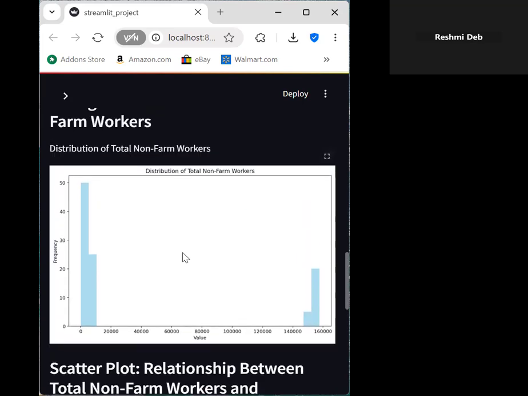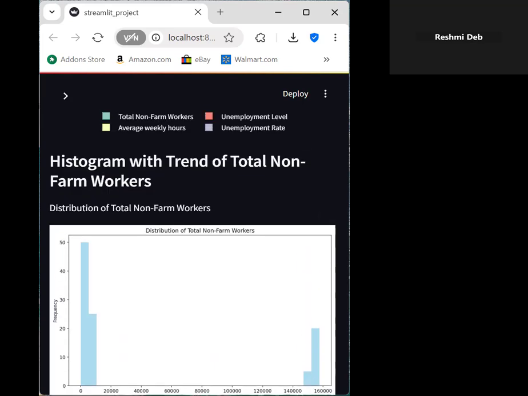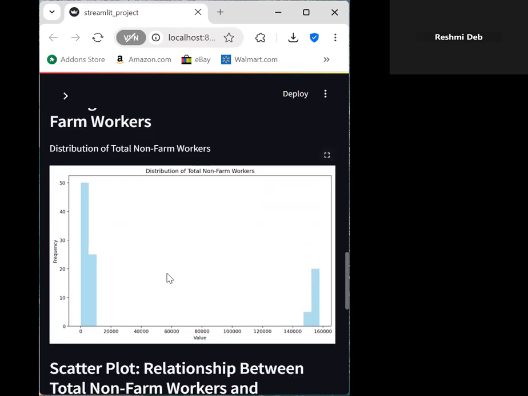Next, we move on to the histogram. Here we can see that the data is concentrated in the lower range, and there are two peaks in the upper range. So this means the distribution of non-farm workers is really not uniform.